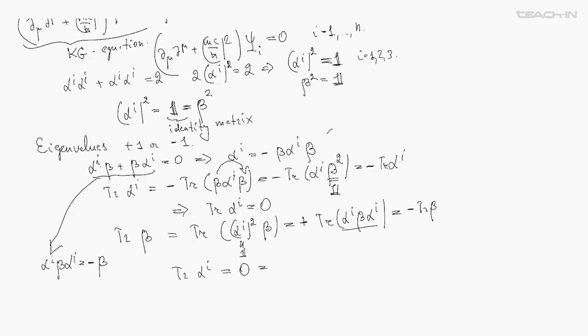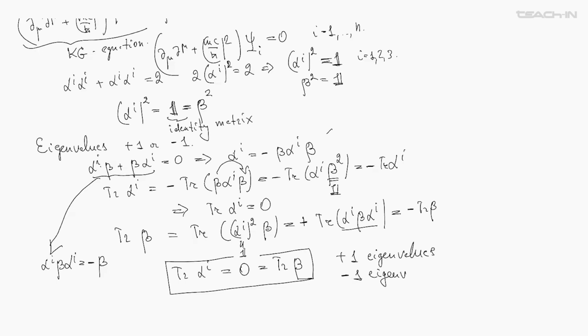It means that the number of plus eigenvalues must be the same as the number of minus eigenvalues, in order for the trace to be 0.